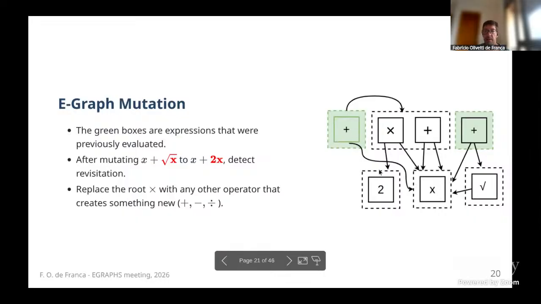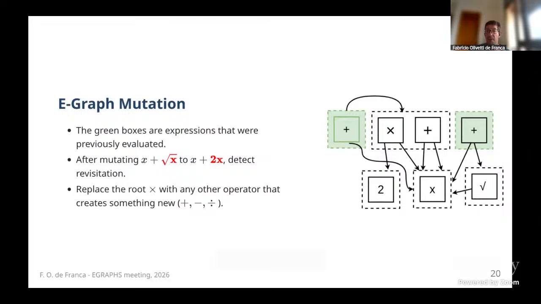It's x plus 2 times x, and it was evaluated already. When we detect that, we take this newly generated expression, the 2 times x, take the root of it, and replace it with something that is going to generate something that is never new.